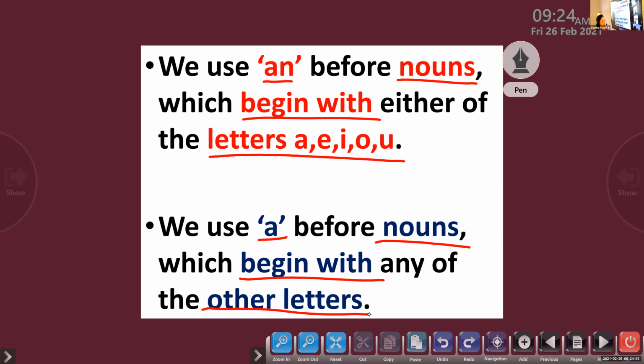And what do we use before nouns that begin with the consonants? A, yes. We use a before nouns that begin with the consonants. Krishna, please take the scale out of your mouth. Okay, good effort, thank you.